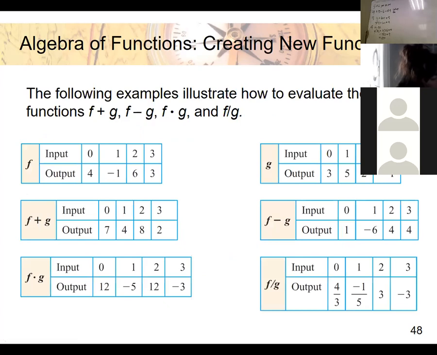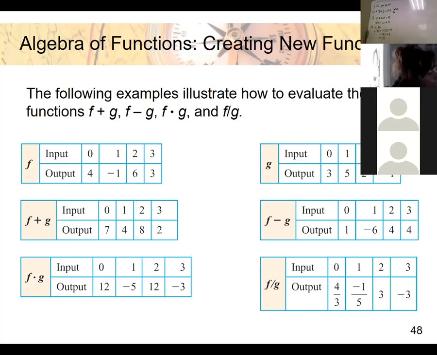So these are just an example of how to evaluate the functions f plus g, f minus g, f times g, and f divided by g. So these f and g are given to you.